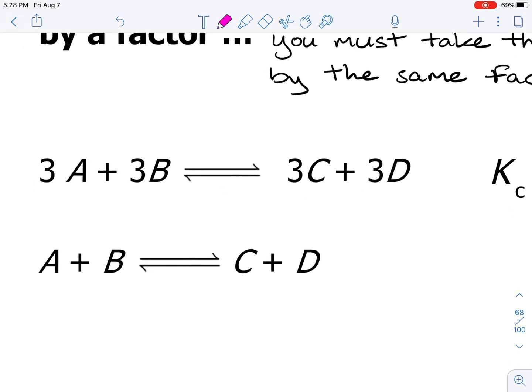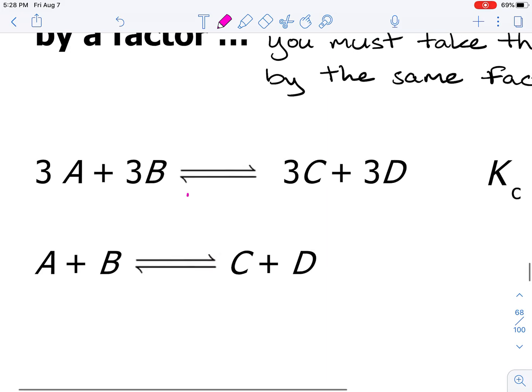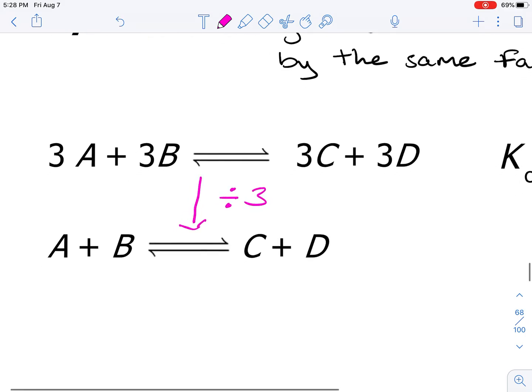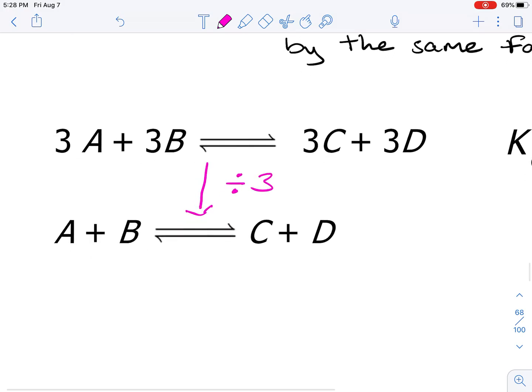So if this was what we started with, and let's just say that in the course of the manipulation of our chemical equations, it involves us trying to divide that chemical equation by 3. And so if we divide this by 3, divide this by 3, divide this by 3, divide this by 3, we essentially get 1, 1, 1, and 1.